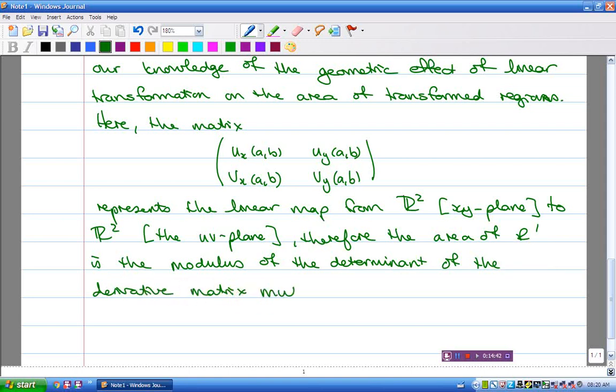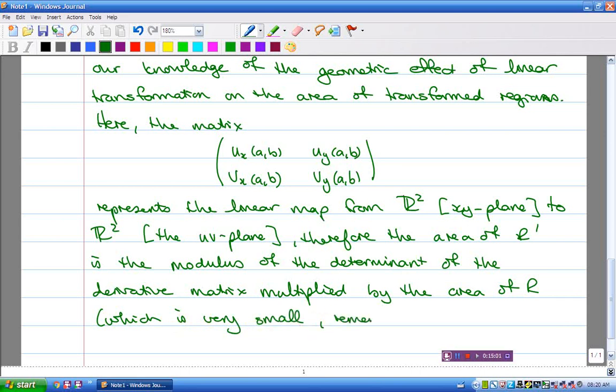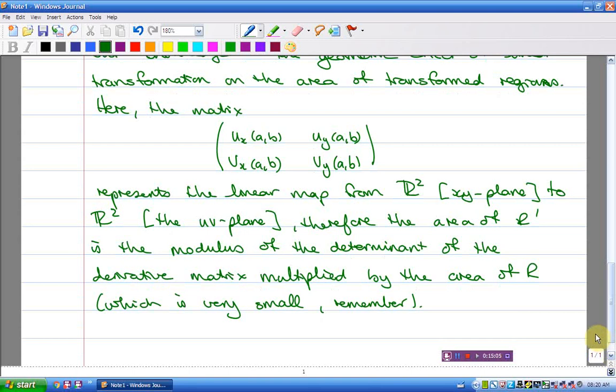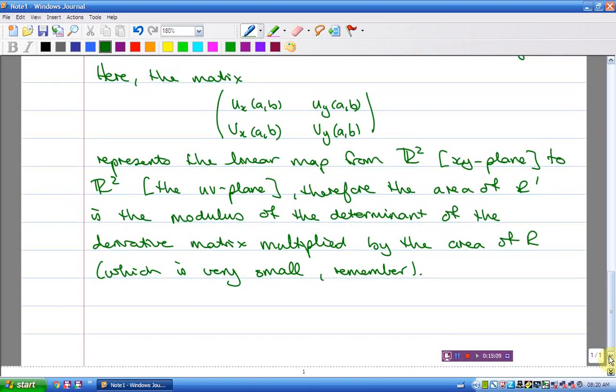Multiplied by the area of R, which, if you'll excuse me belaboring the point, is very small. Okay, all right. Let's move on to symbols. Symbols are nicer. If we wanted words, we'd be English majors, or history, or something like that.